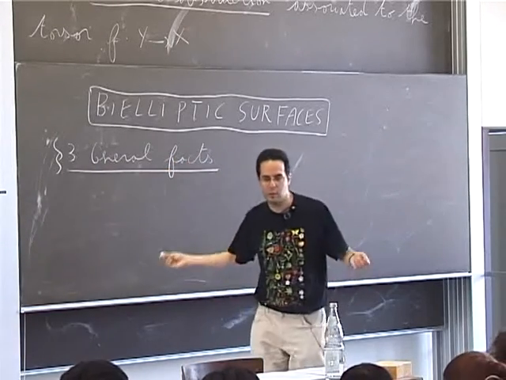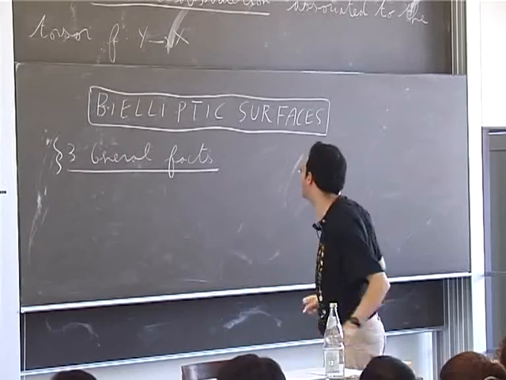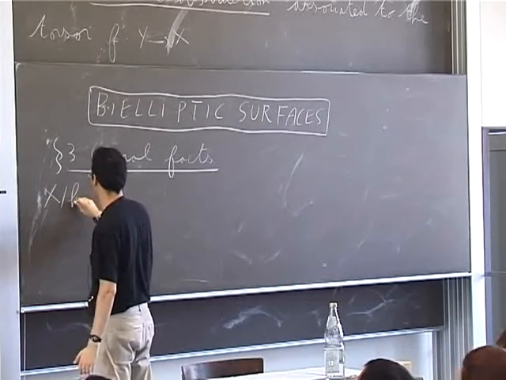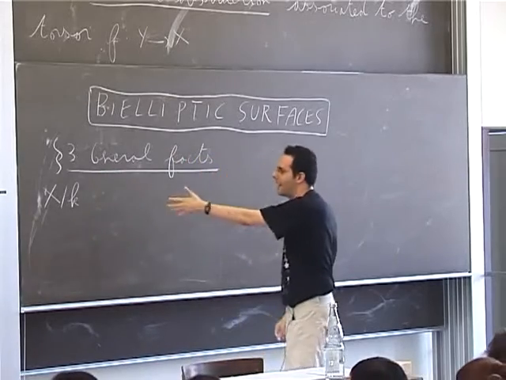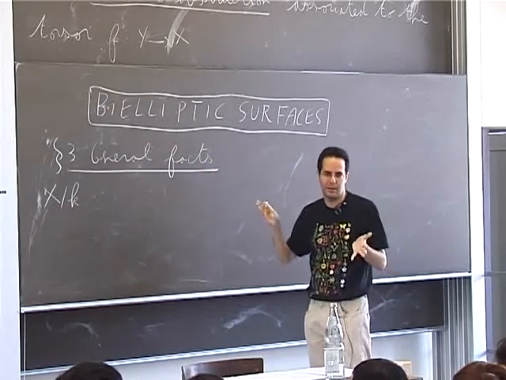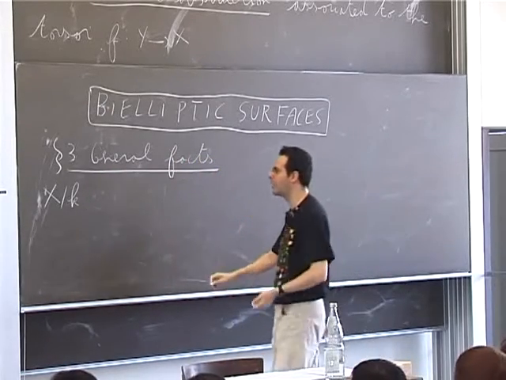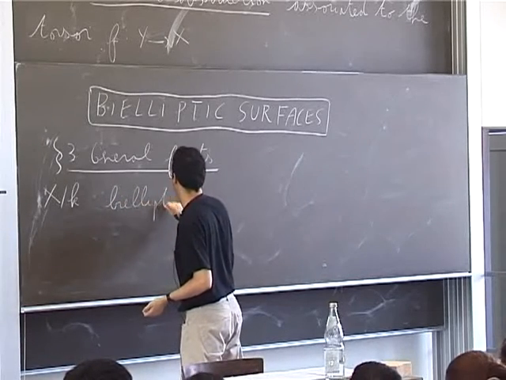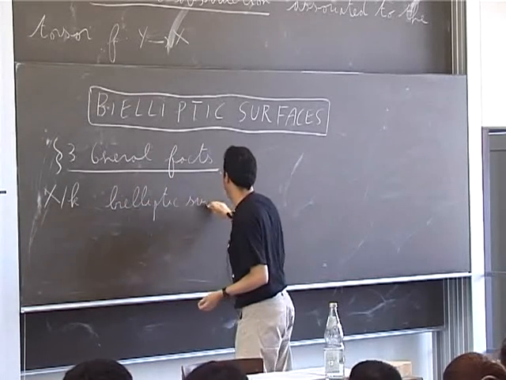So first of all, what is a bielliptic surface? So consider X over K. So when I say that X is a bielliptic surface, this means that it is a bielliptic surface over K bar. So what does it mean?